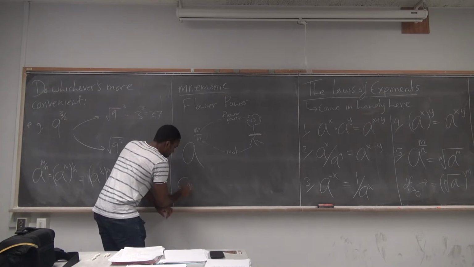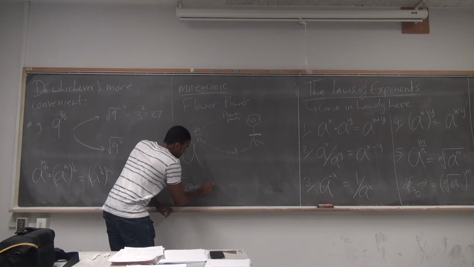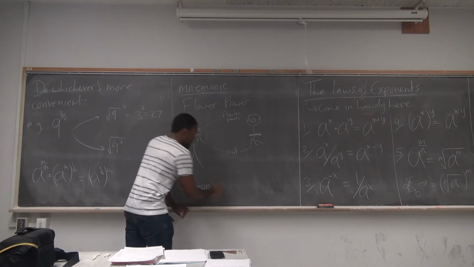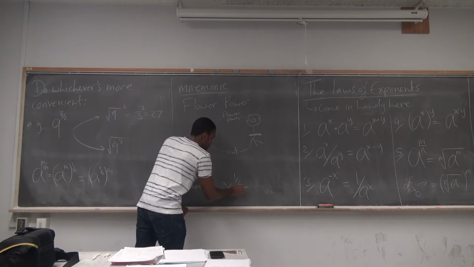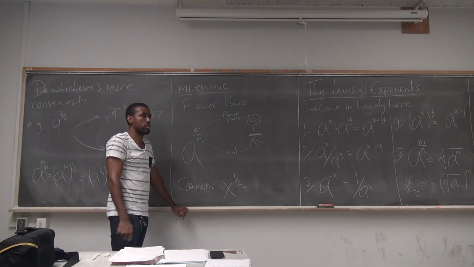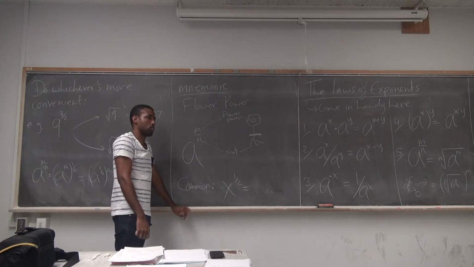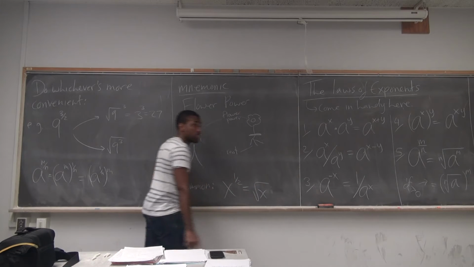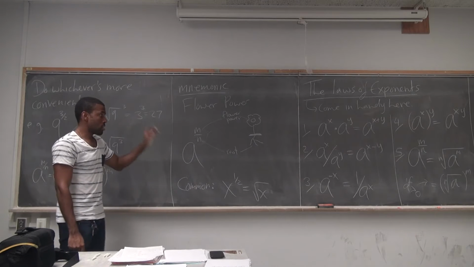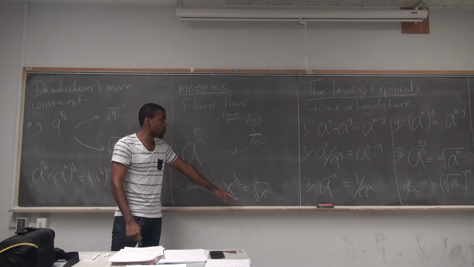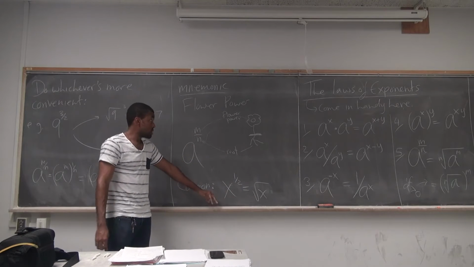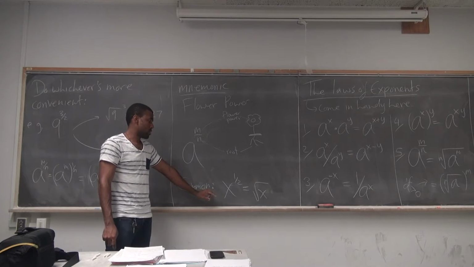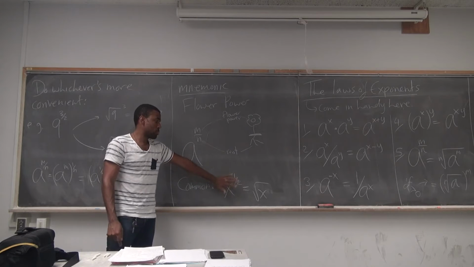A common thing that you're going to see all the time is something like x to the 1/2. According to this rule, what's that? Just the square root of x. You can use these interchangeably. Later on, when we get to derivatives, in chapter 3, I think, I give you the shortcuts, where the rules are going to help you with powers.